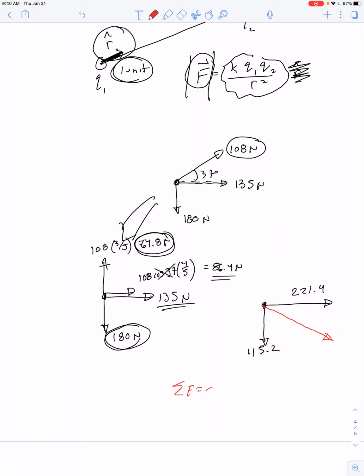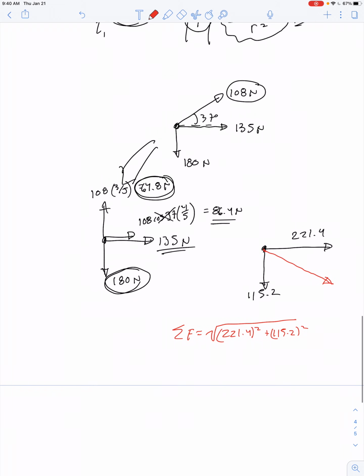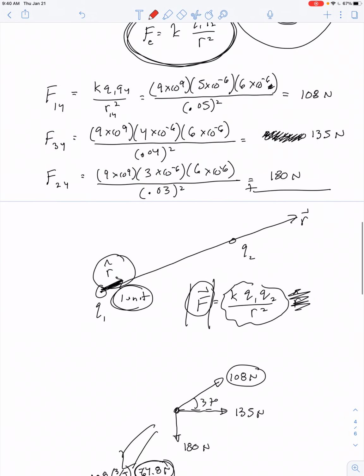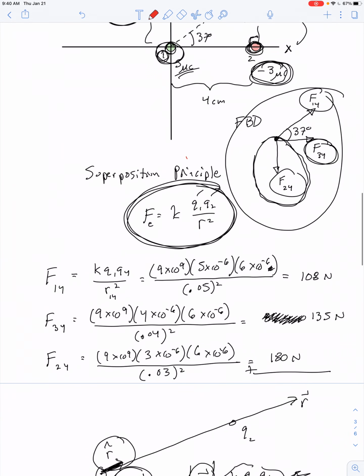Our net force is equal to the square root of 221.4 squared plus 115.2 squared. And we find a net force of 250 newtons.